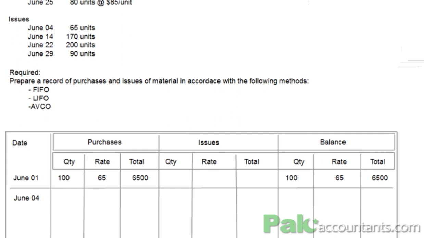So here we have 65 units issued, but what will be the rate of issuance? Well, definitely we have only one type of package which contained 100 units and the rate for which was 65, and the same will be applied here. Okay, so 65 multiplied by 65, what do you get?